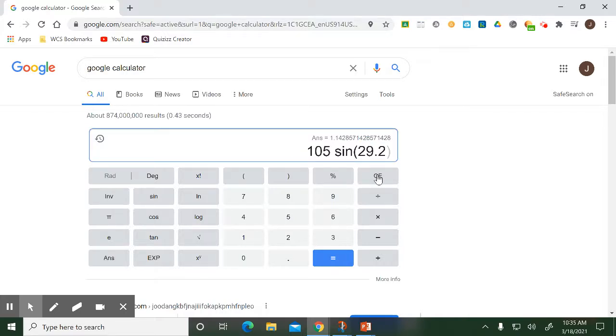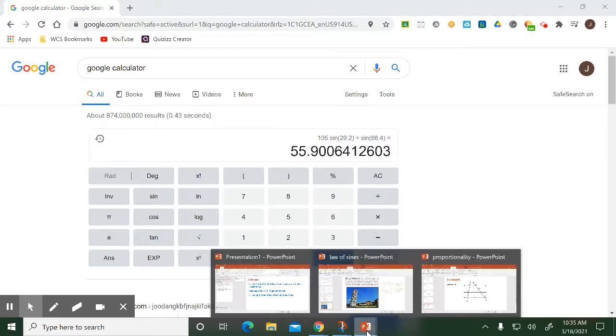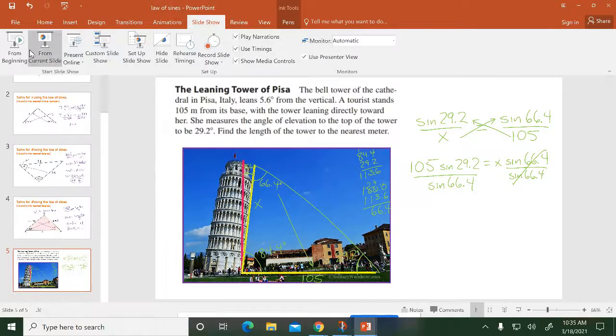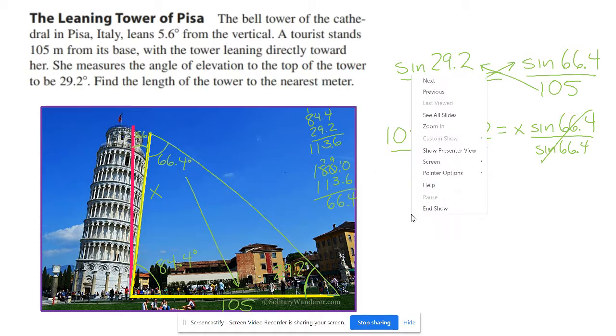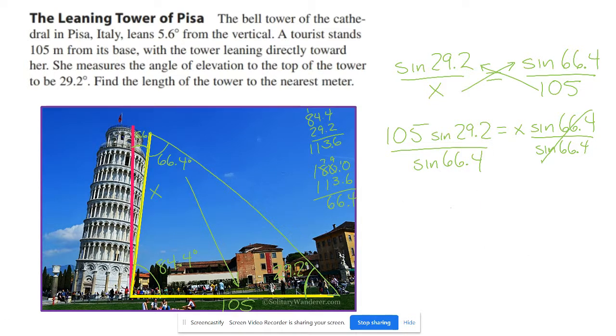Let me try that one more time. There we go. And we get 55.9. So let's go back over here. Our answer for x is 55.9.